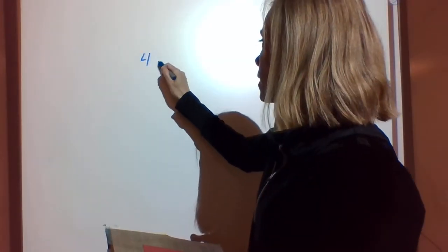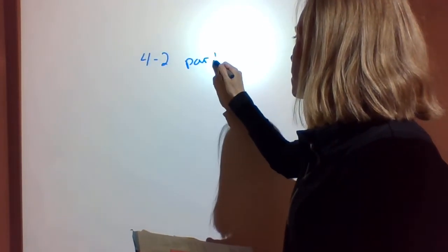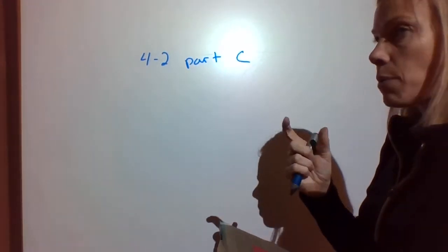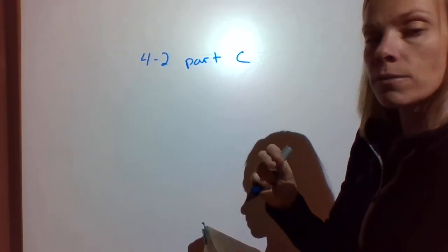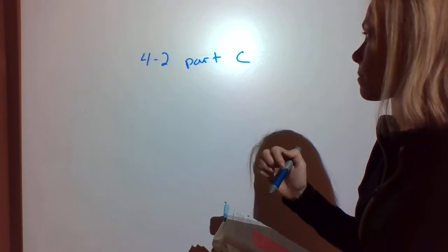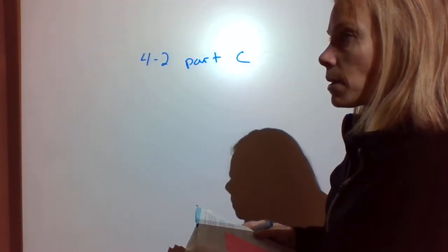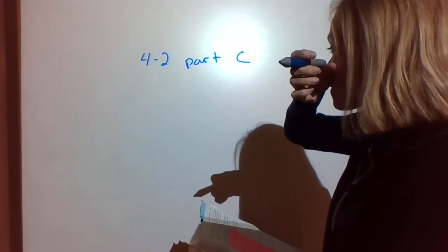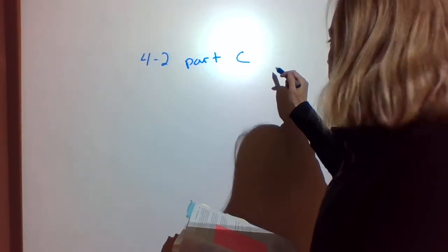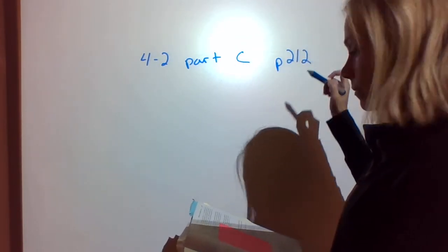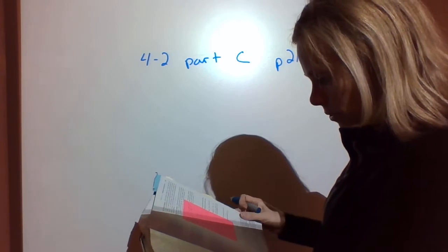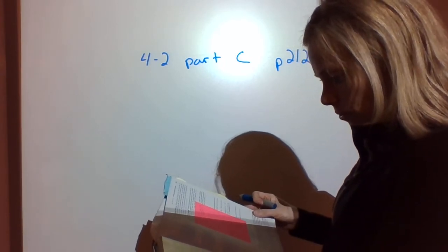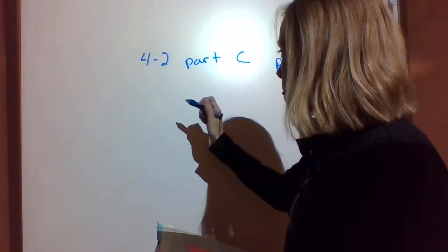So homework 4-2, this is part C. So after this, you should have part A, B, and C all ready to hand in to me, either probably through email, scan, or take pictures. Page 212. And you're going to do 23 through 26.